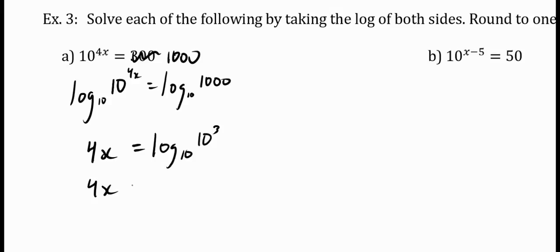So we get 4x equals 3 and x equals 3 over 4. Any questions on that so far?